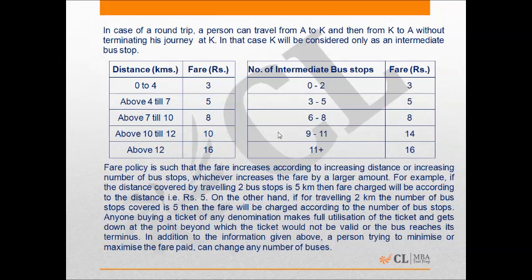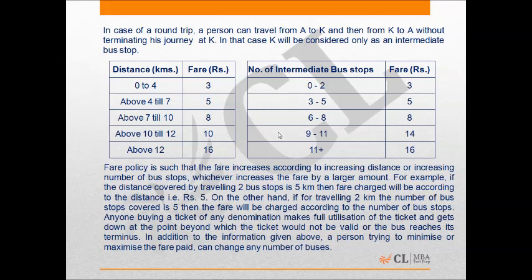So we have to pay rupees 5, which is based on the number of intermediate bus stops. However, from the table it is clear that there is no 2 km stretch where we would encounter 5 intermediate bus stops. But this is the case that we have to consider while computing the fare for a given stretch of journey.